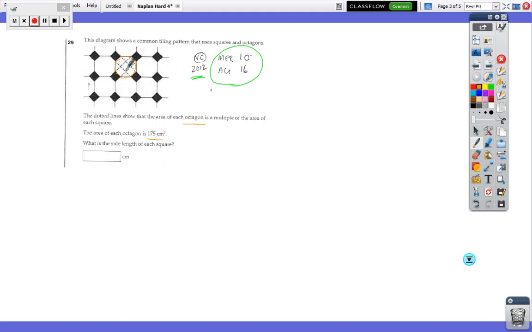So 1, 2, 3, 4, 5, and then those 2 make another one, that's 6, and those 2 make another one, 7. So there's 7 little squares, and that equals 175. So each of the little ones is 175 divided by 7, and we've got no calculator, so we have to do it the hard way.